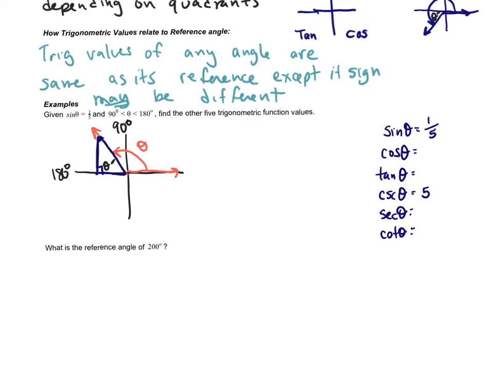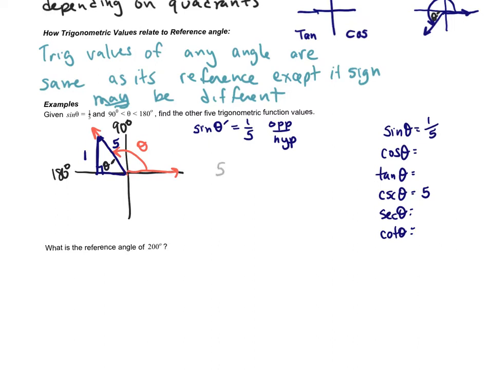Since this reference angle has the same trig value as my original angle, I also know the sine of my reference angle is 1/5, because recall sine of theta is positive in quadrant 2. Since sine is opposite over hypotenuse, in my triangle I know this side is 1 and this side is 5. So I'm going to claim I can find the other side using the Pythagorean theorem.